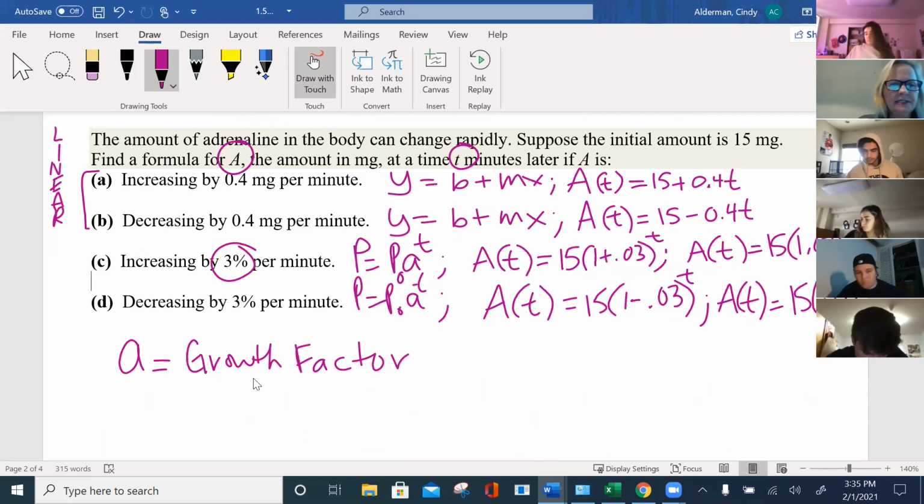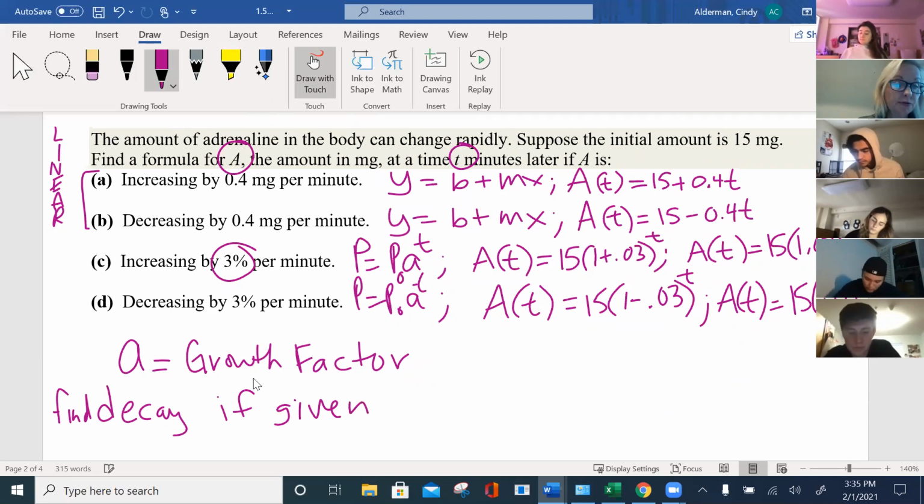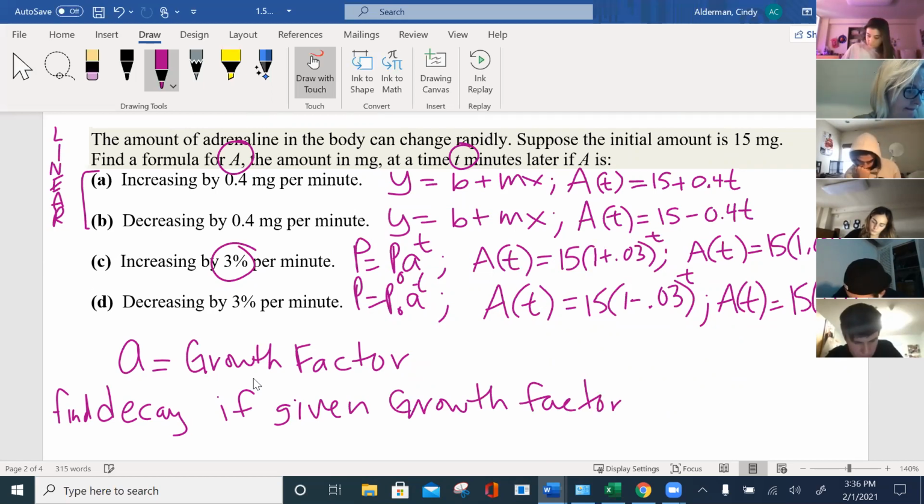And then if, let's say I wanted to find a decay, if given the growth factor, let's say is 0.989.